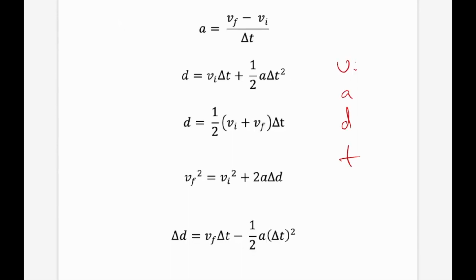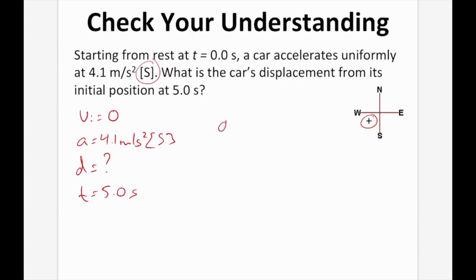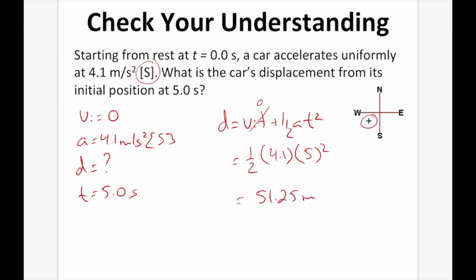The equation that works best with this is d equals vit plus 1/2 at squared. d is what we're looking for. vi is 0, so we're left with 1/2 a, which is 4.1, times t, which is 5 squared, and we get a displacement of 51.25 meters. We have two sig digs in our question, so we say therefore displacement equals 51 meters, and we're traveling south. So that's our final answer right there.